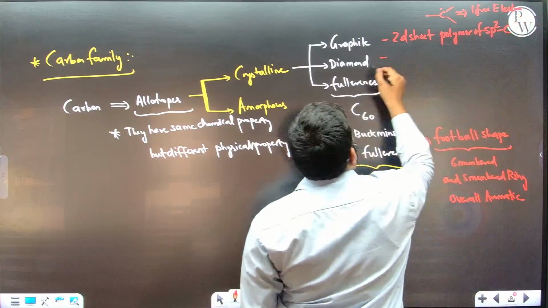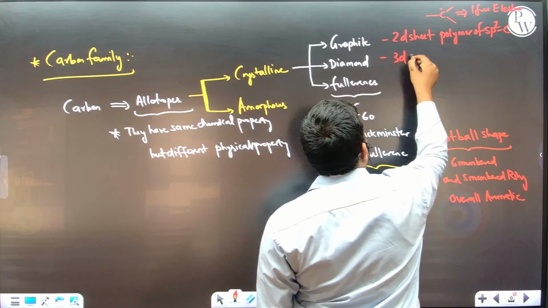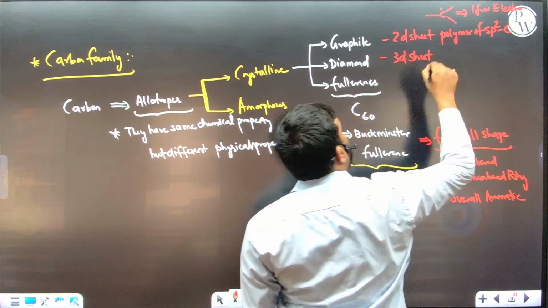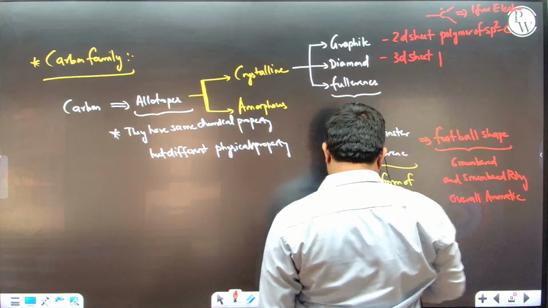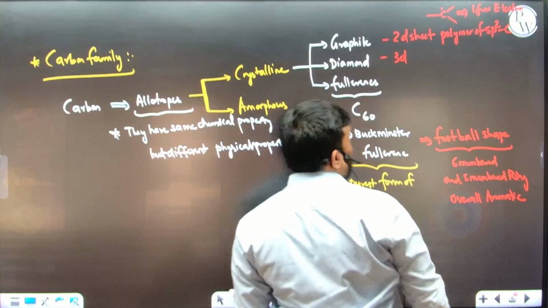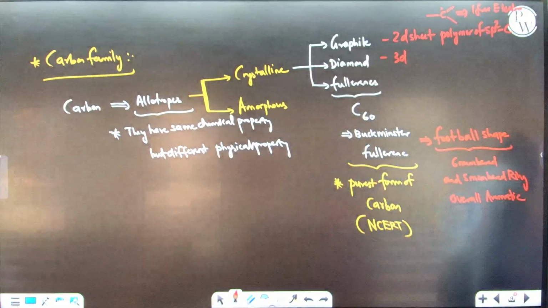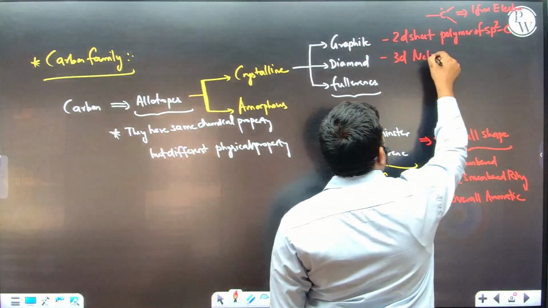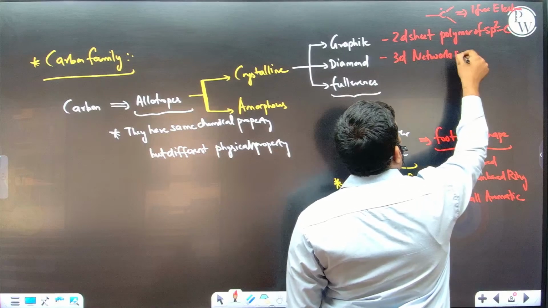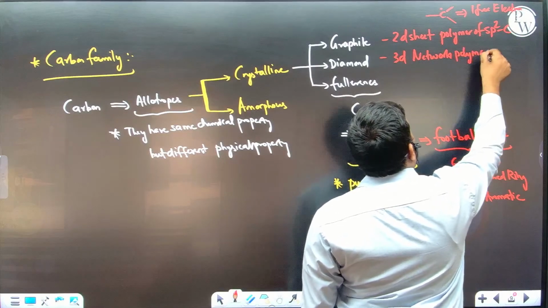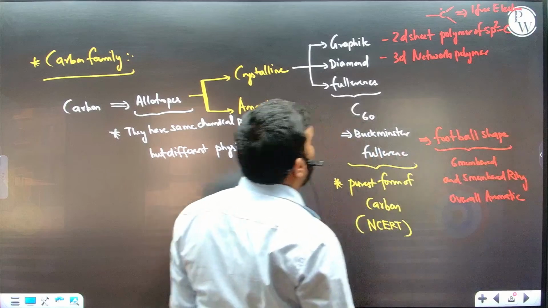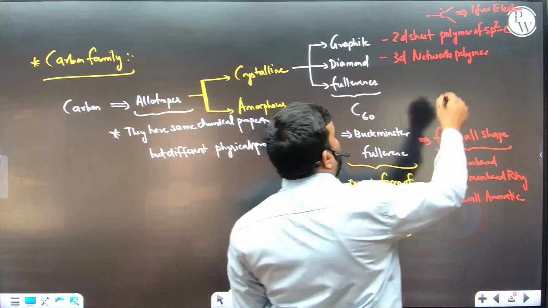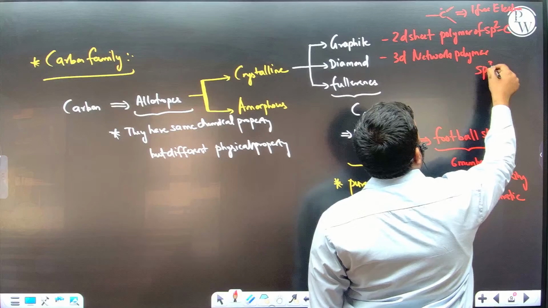While in diamond we are having a 3D network, because 3D is not a sheet, it will be a network. Diamond will be a 3D network polymer, and the hybridization will be sp3 carbon.